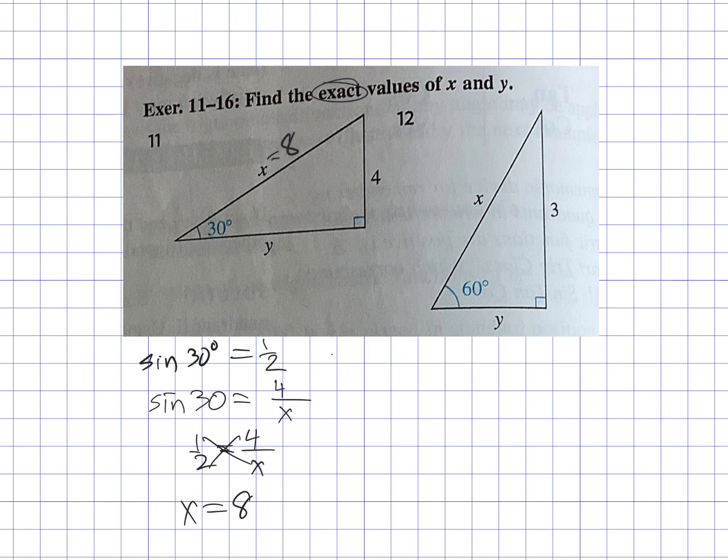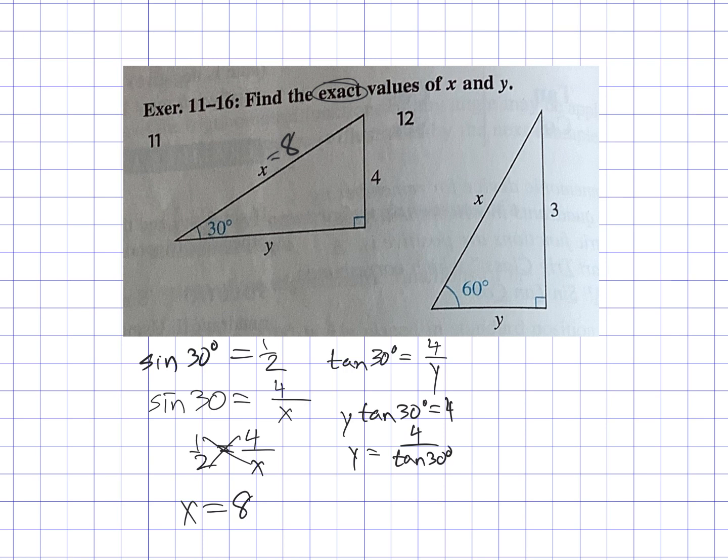And the tangent of 30 degrees is 4 over y, opposite over adjacent. So we multiply both sides by y, and divide off the tangent of 30 degrees. But what is the tangent of 30 degrees?